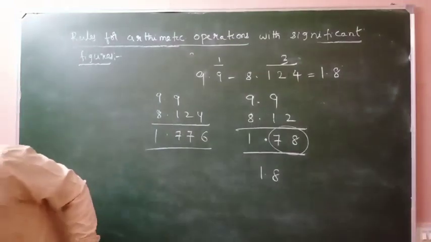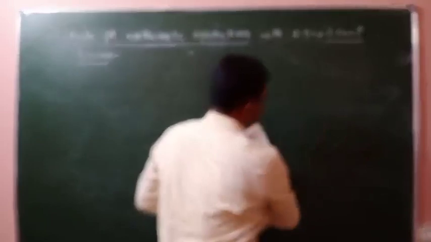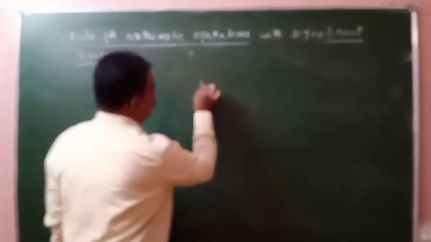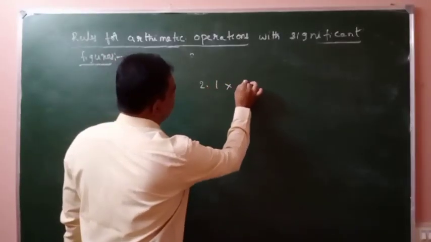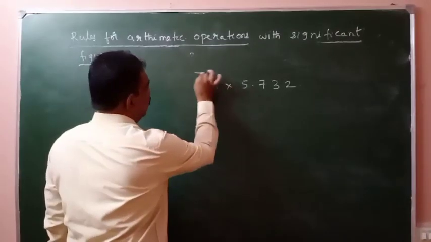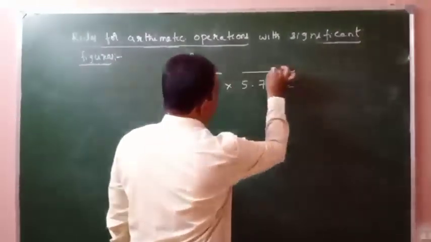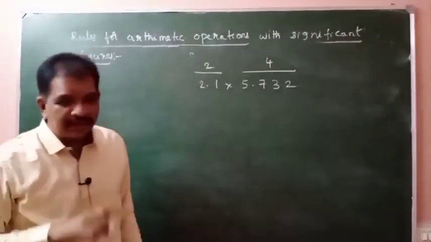Okay? Next. In multiplication or division, no need to identify the significant figures after the decimal point. Consider the total number. This total number will have two significant figures. This total number will have four significant figures.